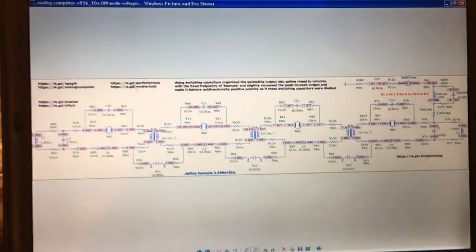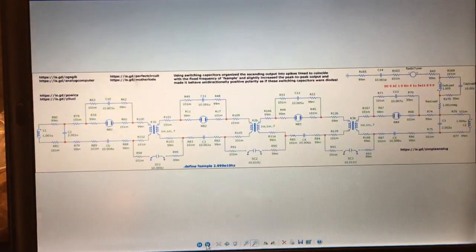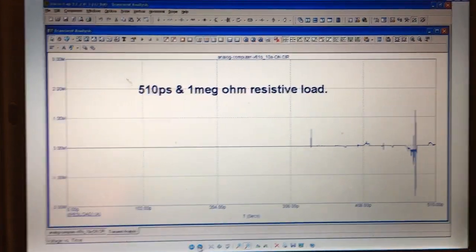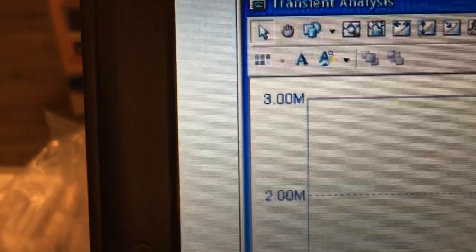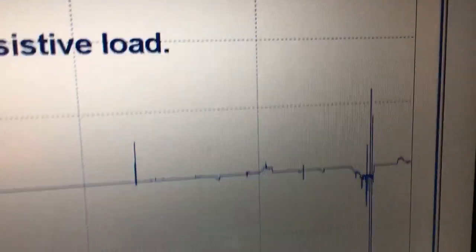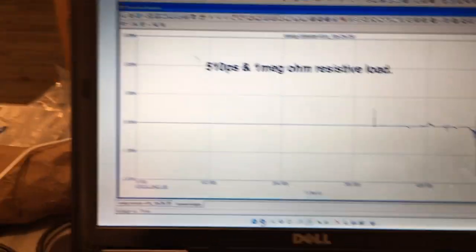That's normal behavior of a resistor or an inductor, which also exhibits resistance. Sorry for the shakes; that's what happens when you don't have a tripod. Now, there's the schematic, and here's the 1 mega ohm resistive load. It's actually gone up. The spike is now peaking over a mega amp in both directions.